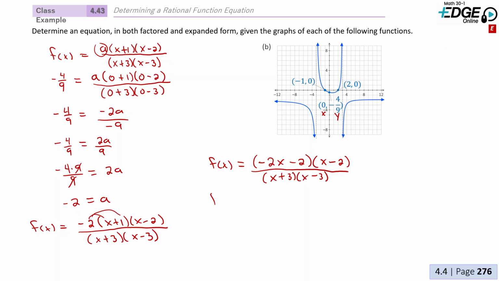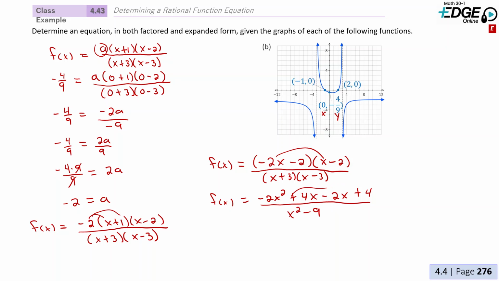So now we have f of x is equal to negative 2x squared, rather, plus 4x minus 2x, and then plus 4, all over, expanding this one out, x squared minus 9.